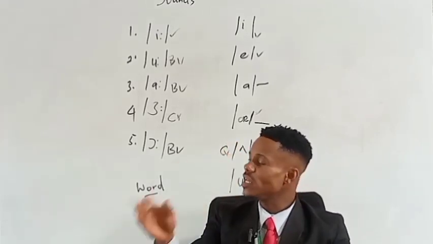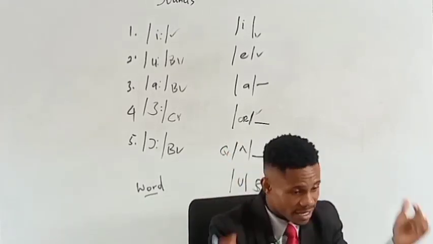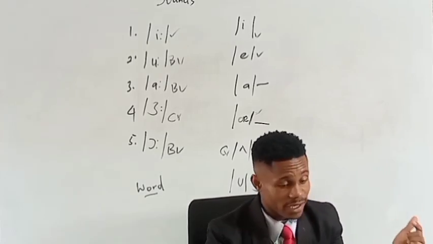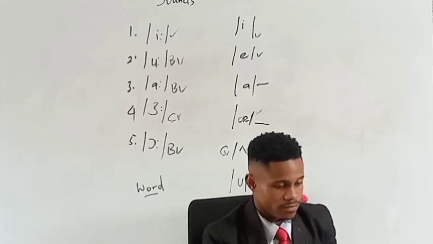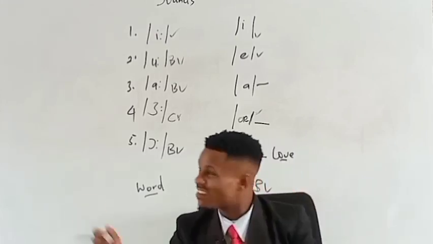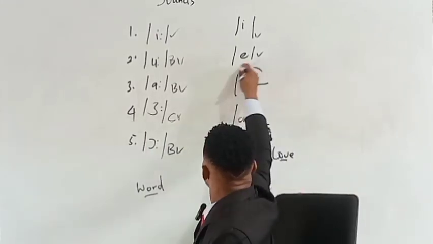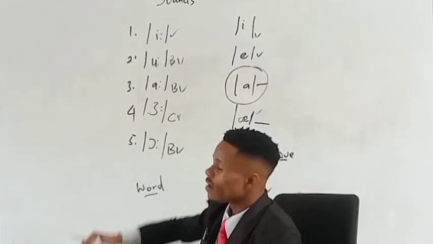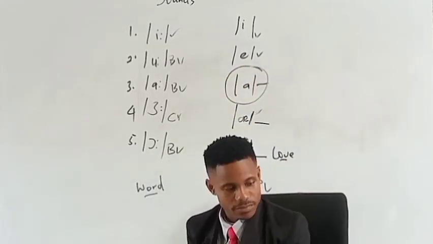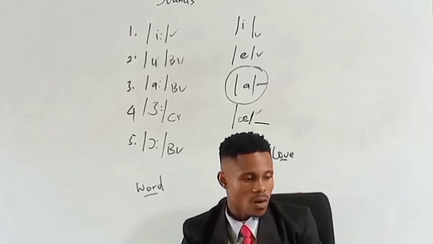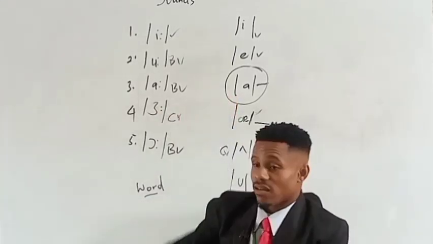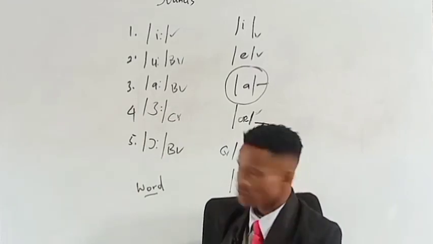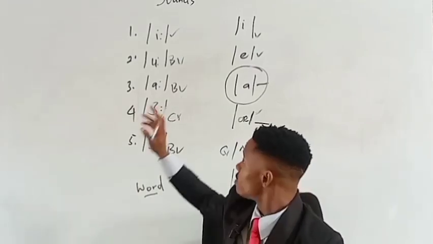Now, to make it easy for you, all the back vowels, except this one, all the back vowels except this one are what?